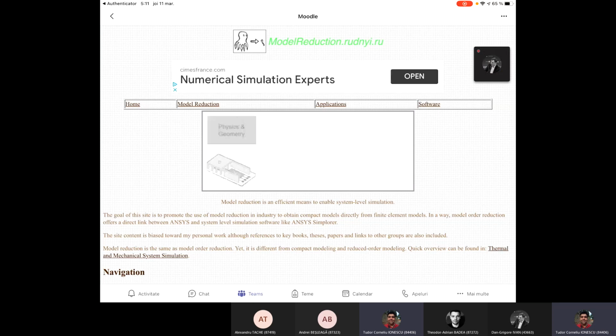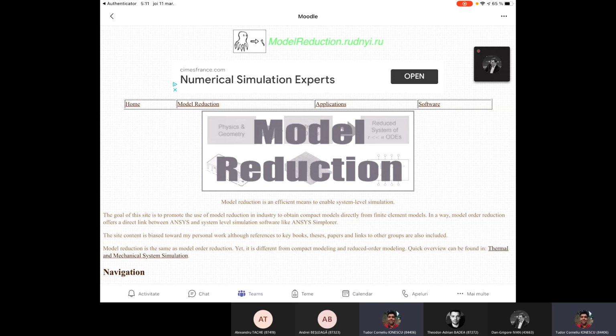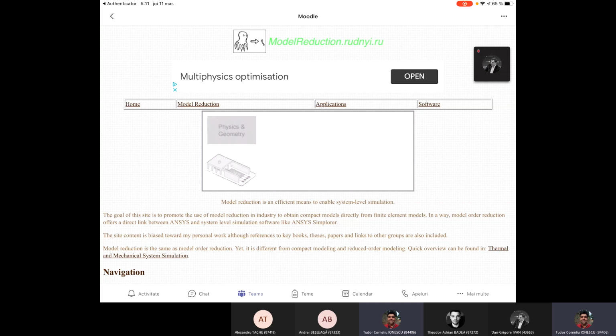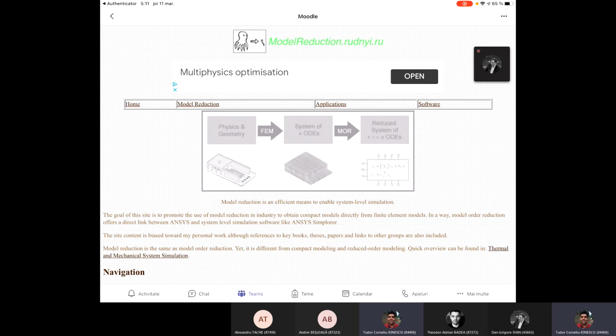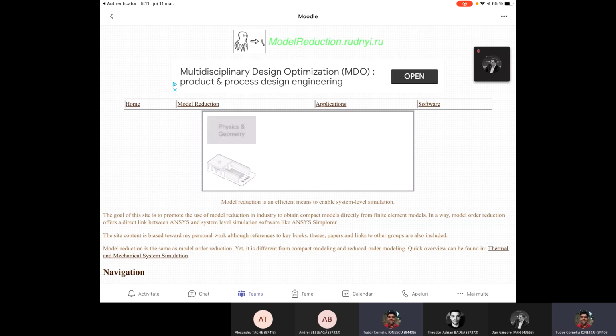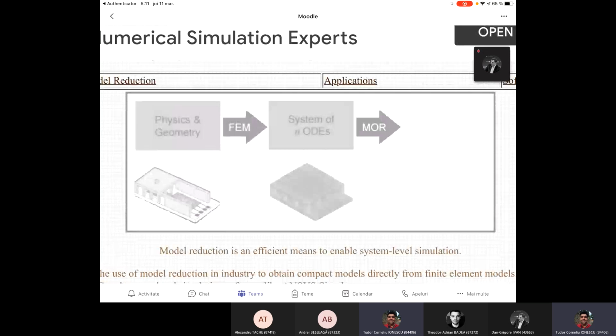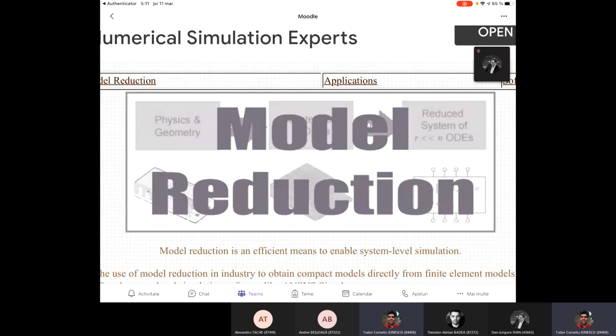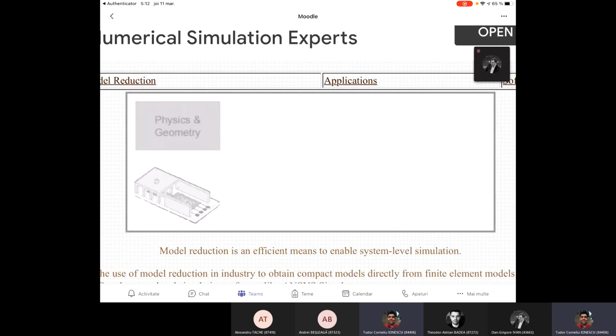This is made by one of the famous guys in this field, Professor Peter Benner from Magdeburg in Germany. He is one of the pioneers of model order reduction. Look at this very nice picture here that gives a clear idea of what we're going to discuss.